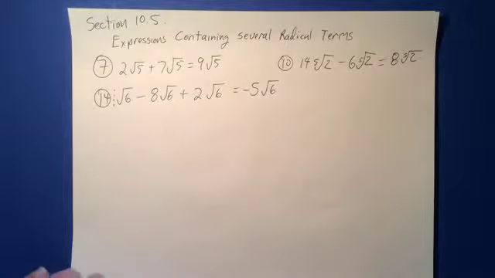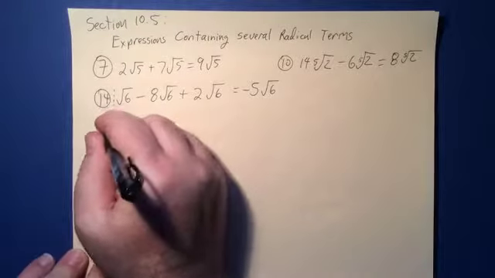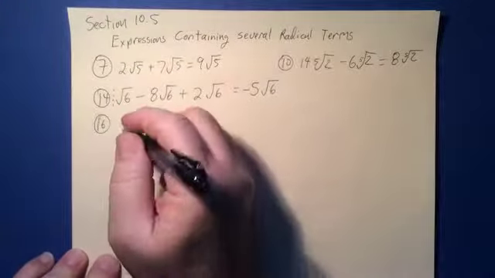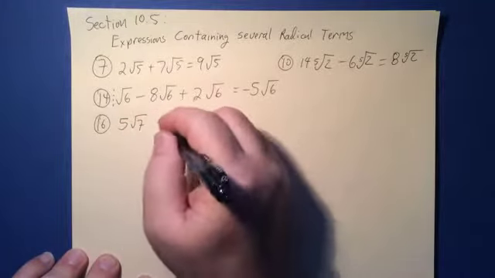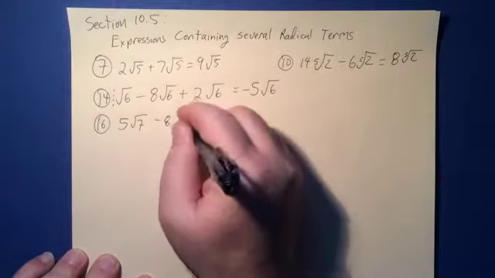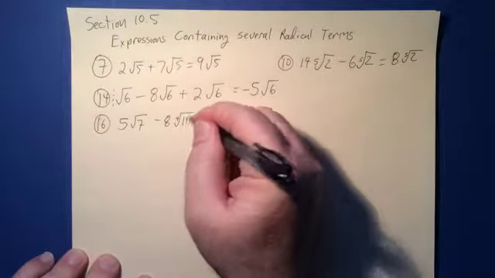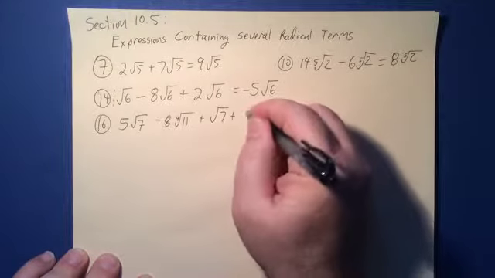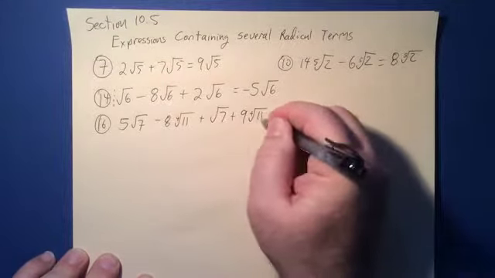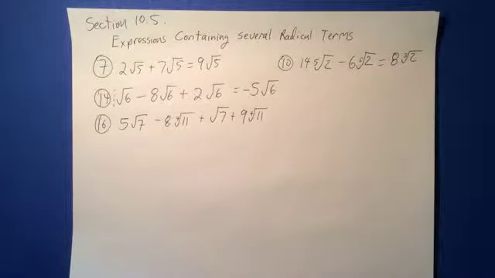Sometimes in these questions, they'll throw different radicals in, and we have to decide what we can combine and what we can't combine, as is the case with number 16. In number 16, we have 5 radical 7 minus 8 times the fourth root of 11 plus radical 7 plus 9 times the fourth root of 11. Just like if we were combining x's and y's, we have to see what our like terms are. The principle is basically the same.